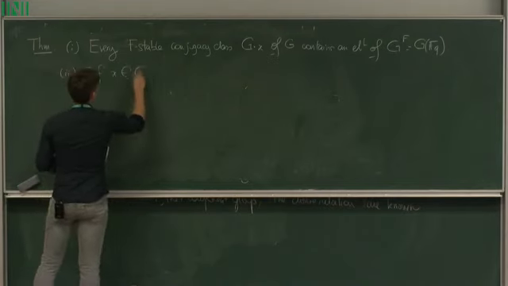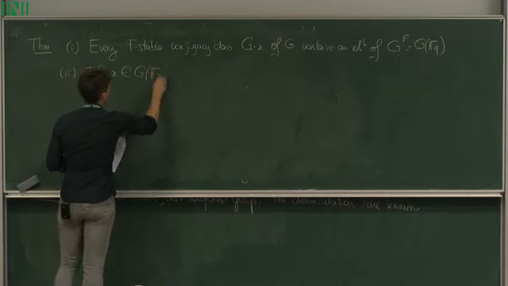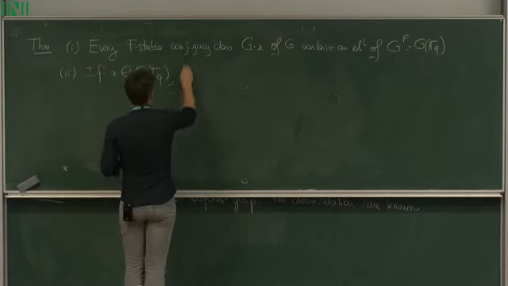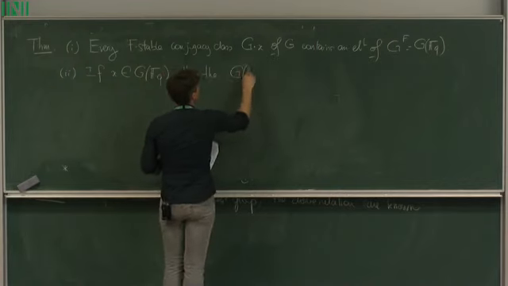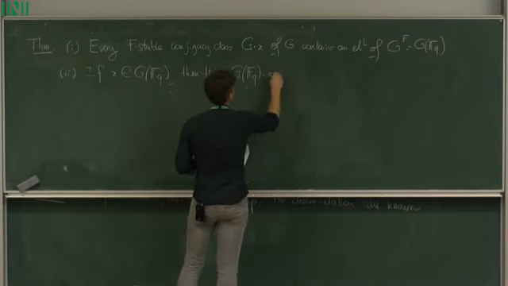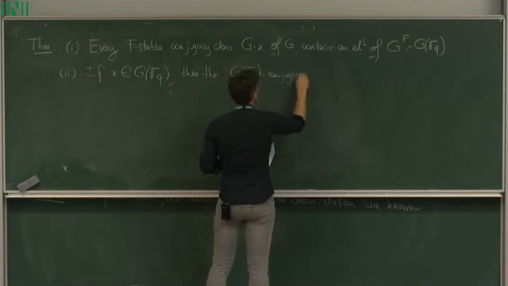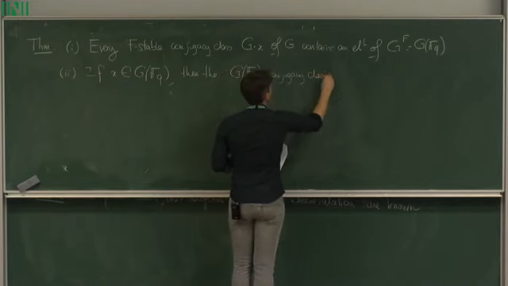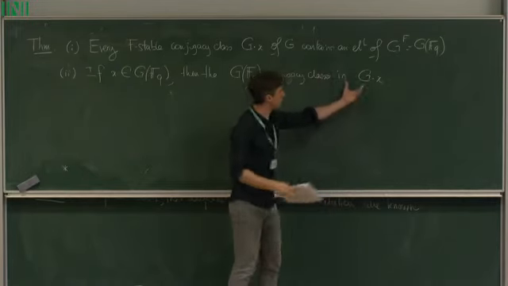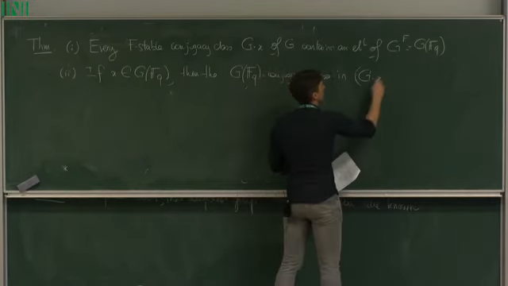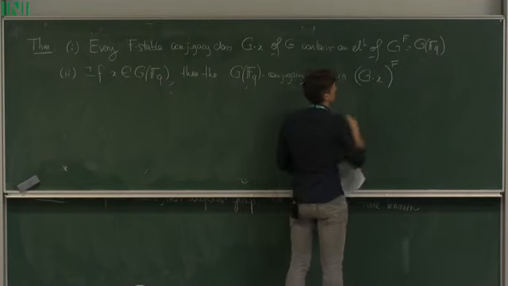If I have an element of the finite group and I look at the conjugacy classes inside, I have this geometric orbit, and I can look at all the F-stable points.